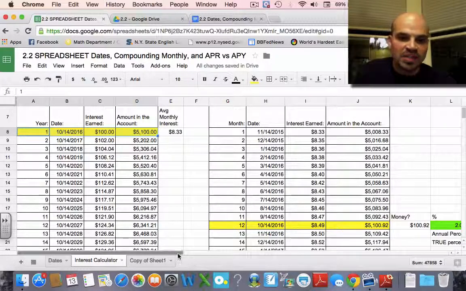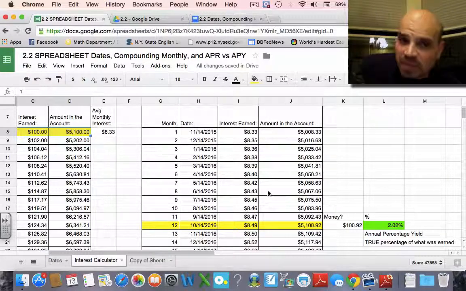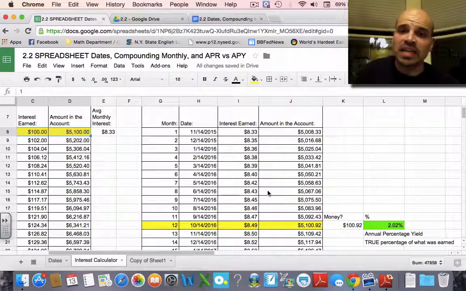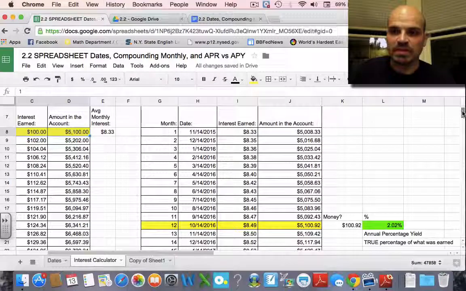All right? And this is a pretty cool effect. And you're going to see as you go through the exercises that I gave you that this is going to actually have a pretty big effect, especially if the amount of money gets larger. So in the next exercise, you're going to start with a different investment, okay?